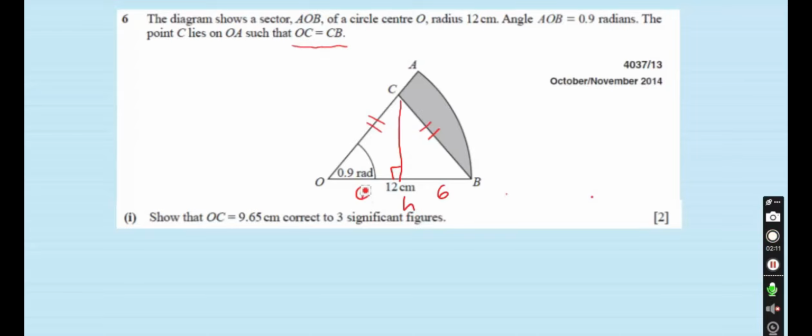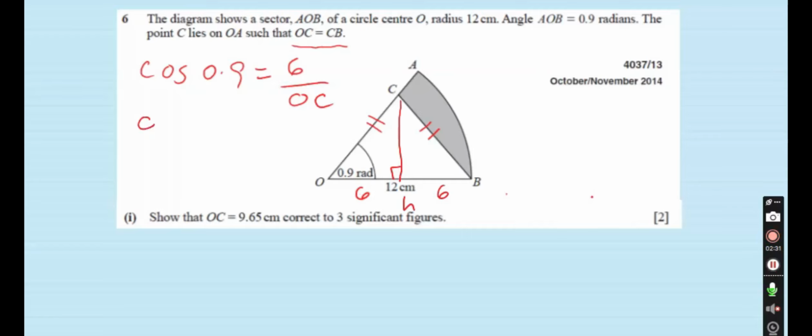Now you can apply the simple trigonometrical ratio: cos 0.9 is equals to adjacent upon hypotenuse, 6 upon OC.